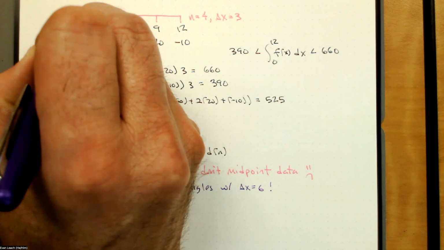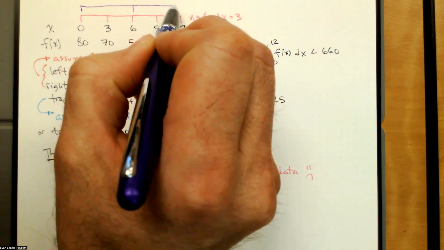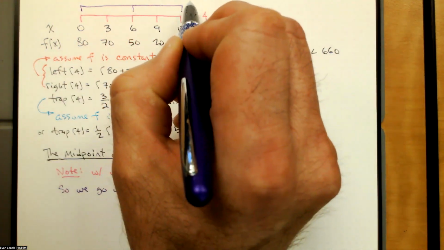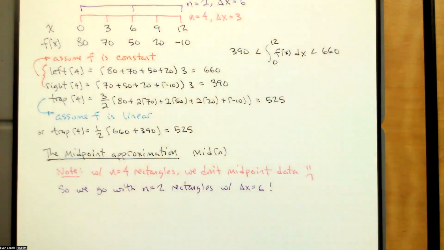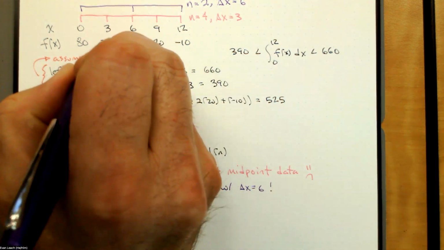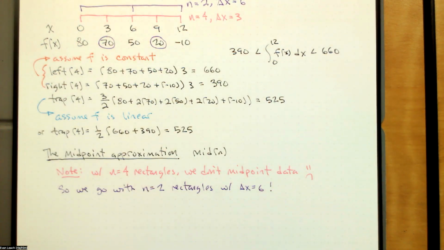I'm going to try not to smear the gel. I'm going to go from 0 to 6 and from 6 to 12, and that'll give us 2 rectangles with a delta x of 6. But the advantage that we have here is even though we have 2 rectangles, now I know the midpoints of each rectangle. Now I have a 70 as the middle, and I have 20 as the middle. And I haven't made any data up. I'm using just the data that I have.